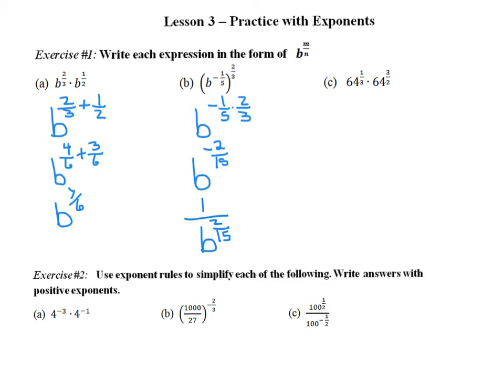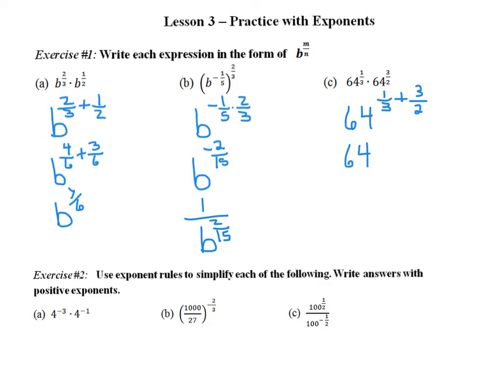For part C, when I'm multiplying, just like in part A, I want to keep the base the same, even when I have a number as the base. So my base is 64. I want to add the exponents together, so 1/3 plus 3/2. Again, to add those exponents together, I'm going to have to find a common denominator.